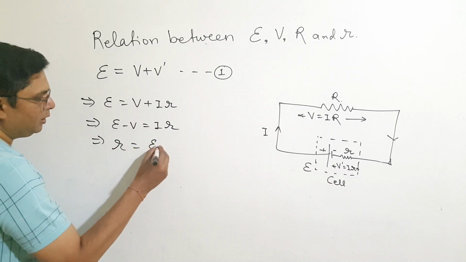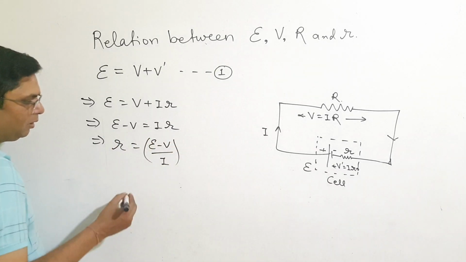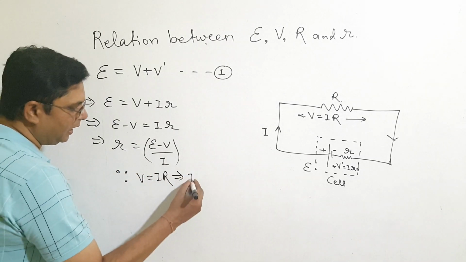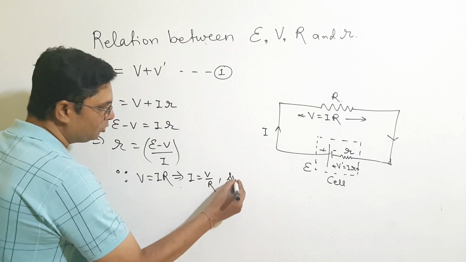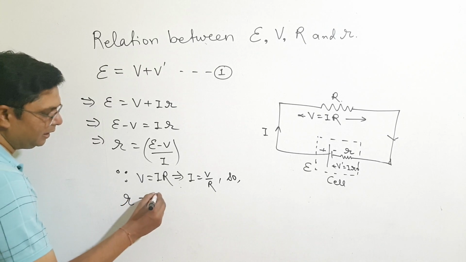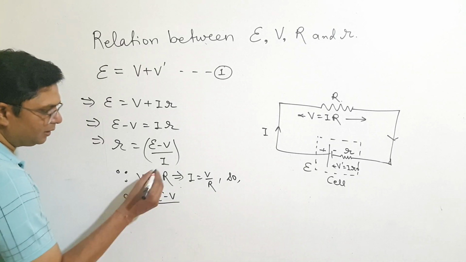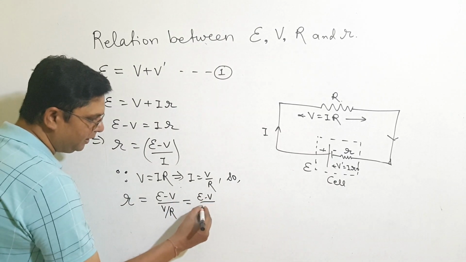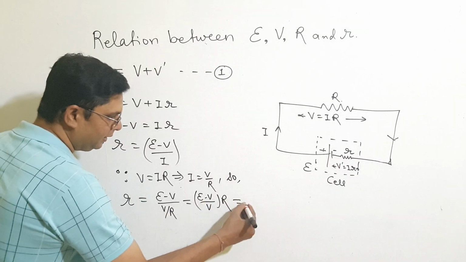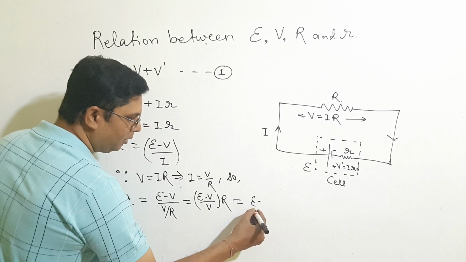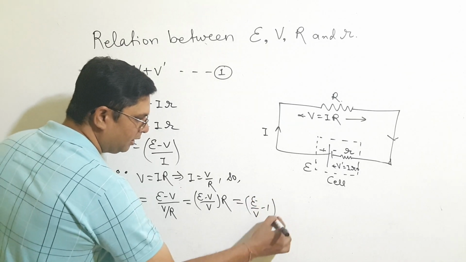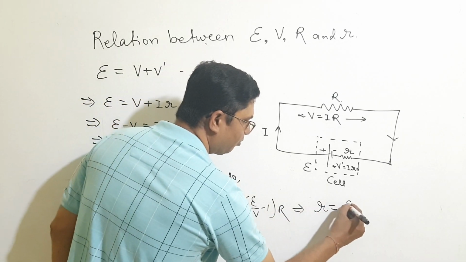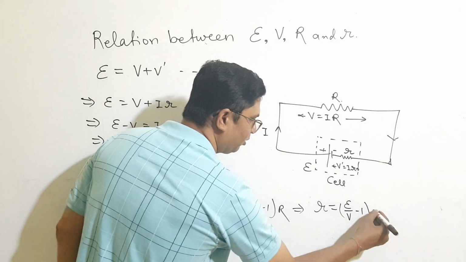So small r equals (E minus V) divided by I. According to Ohm's law, V equals I into capital R also, which means I equals V upon R. So internal resistance small r is (E minus V) upon, in place of I write V upon R. This becomes (E minus V) divided by V into R, which gives you (E by V minus 1) into R. So you have the relation: internal resistance r equals (E upon V minus 1) into capital R.